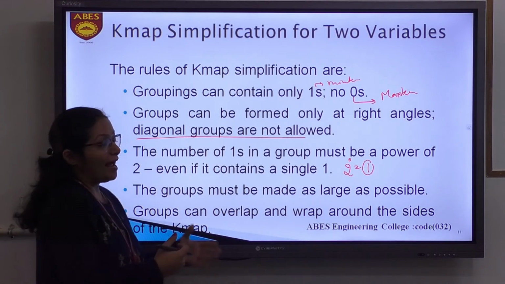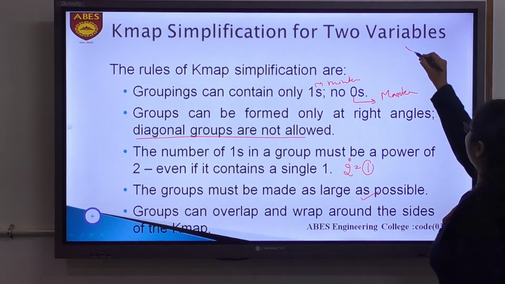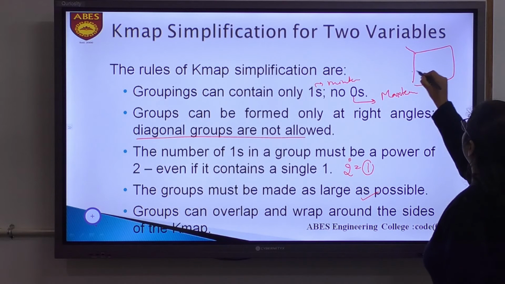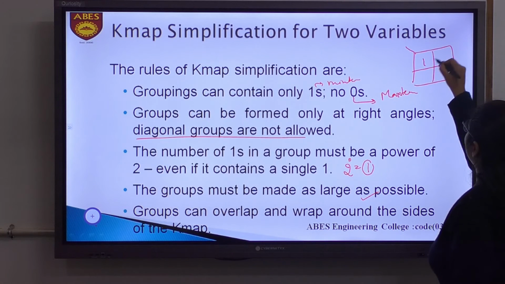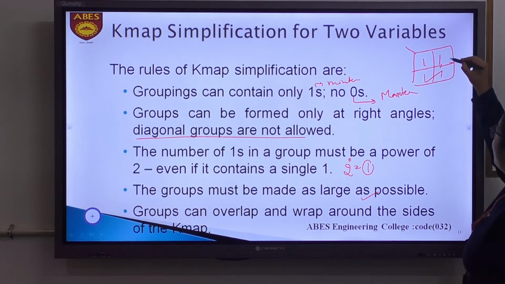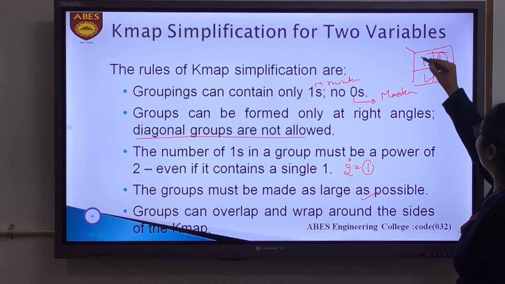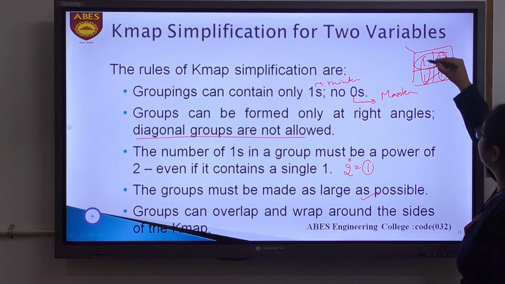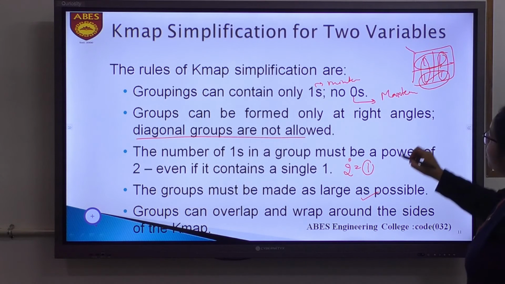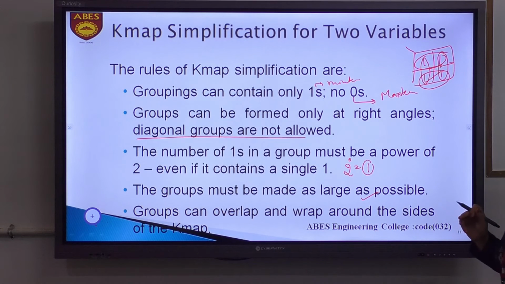Okay? Suppose, what does this line mean? If I have a K-map like this having all 4 entries as 1, so I have to make the grouping. One possible way is that I create groupings of 2 adjacent ones like this. But the rule says the groups must be made as large as possible.